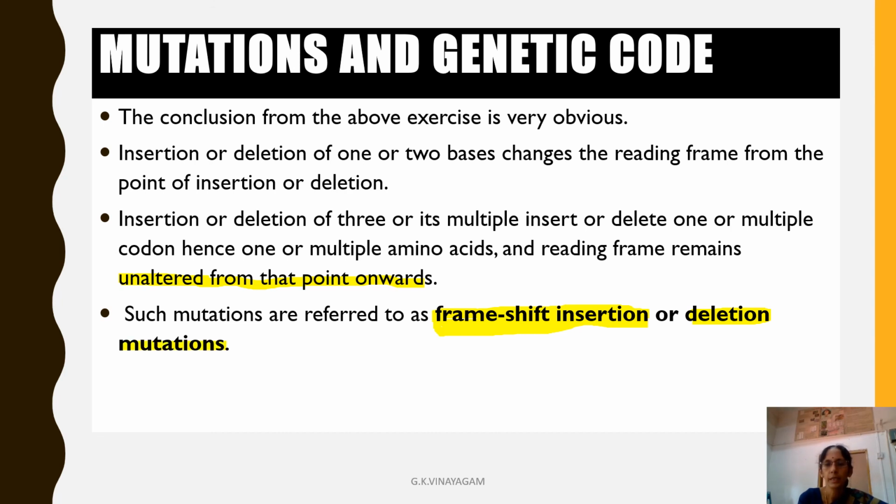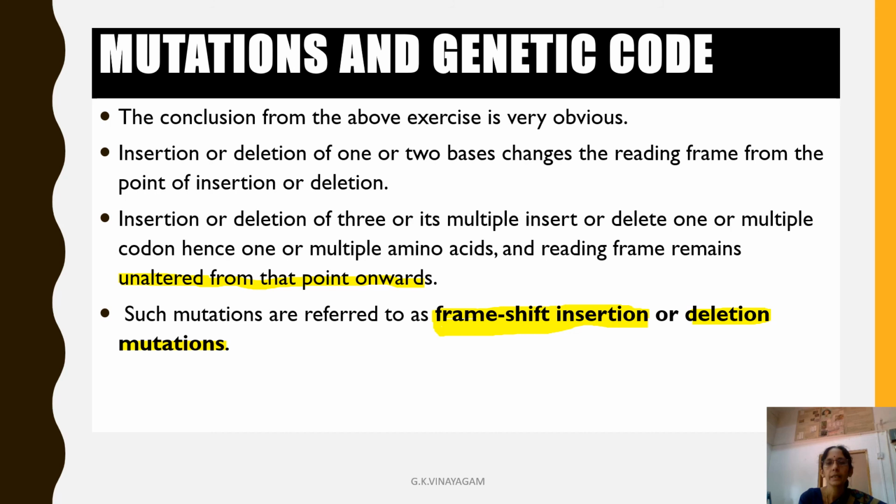This is clear. When one base is added or deleted, from the point of addition or deletion, the reading frame gets changed. That is point mutation. When you are adding two bases or deleting two bases, the frame gets changed from the point of addition or deletion.